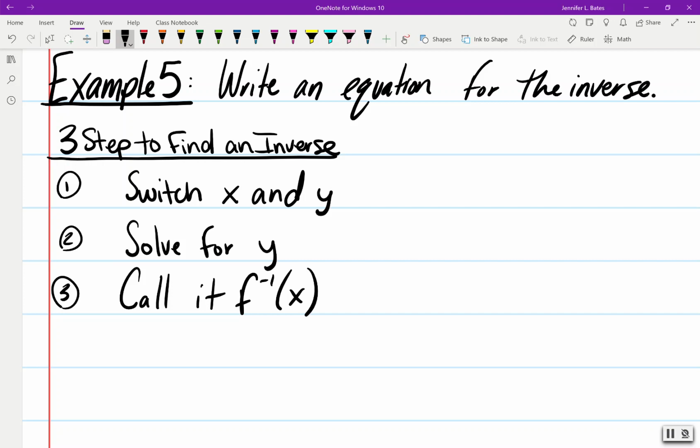Okay, so we're just going to do 2 of these. They're not very hard, so we're only doing 2. And we're just following these 3 steps. So example A, we are given y equals 0.5 to the x. Now, let's think about this.